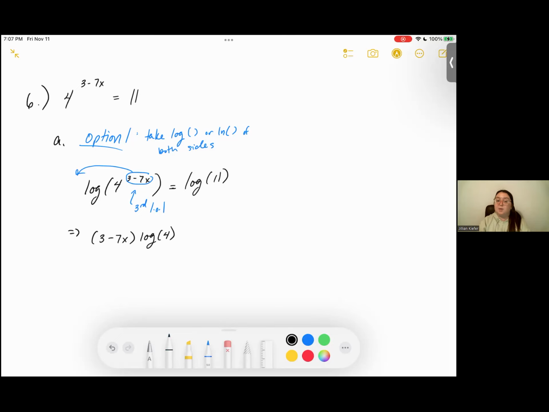We got to get rid of the exponent, but the log of 4 has to stay, and the 4 has to stay. So we have log of 4, and then this is still equal to log of 11. Since we want to solve for x, we want to simplify and isolate x as much as possible. And since we have log of 4 on the same side with x, we can go ahead and divide out log of 4 on each side.